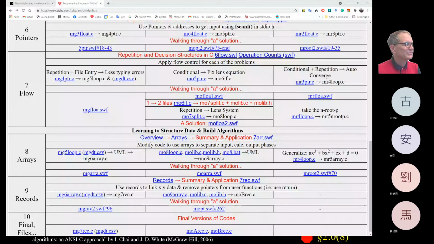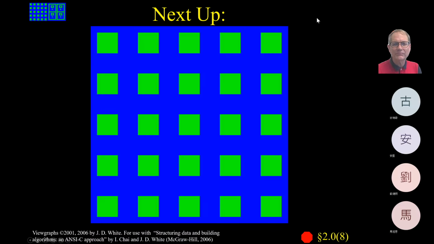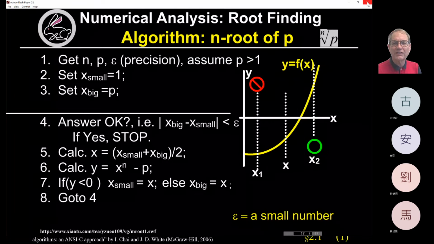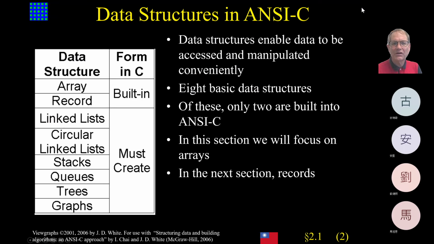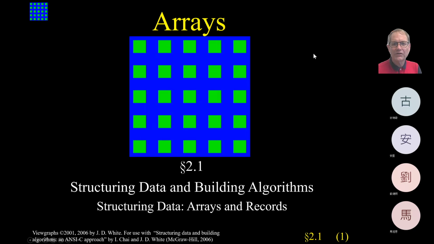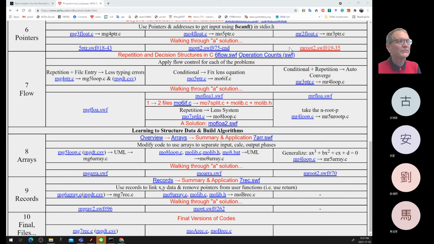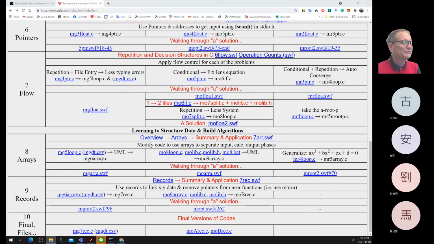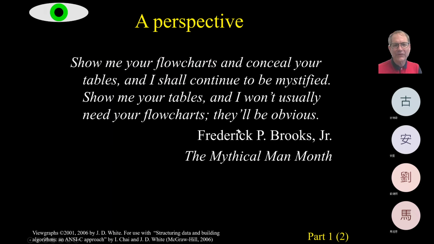Here we are. Have I got too many slides up? I think I still have too many things open. I can't find the one I want. There's arrays, okay. I have too many open. I got that already. Close it. Exit. Come on. Okay. All right.